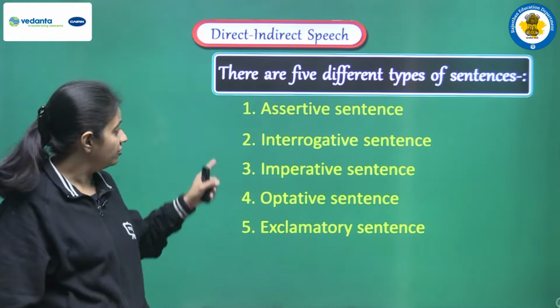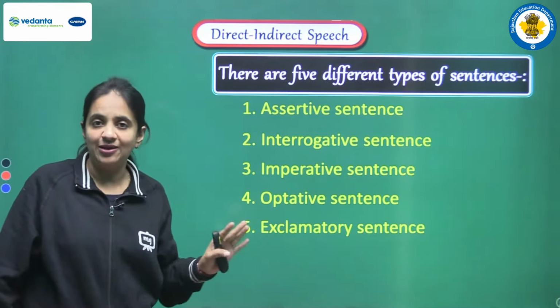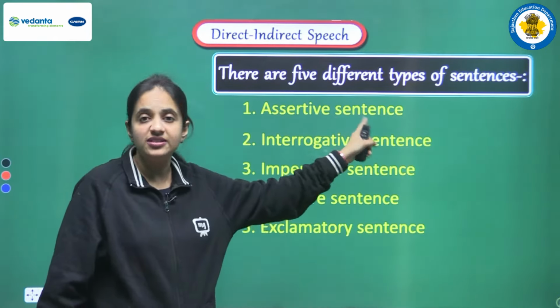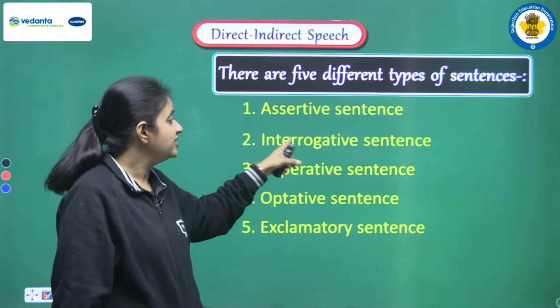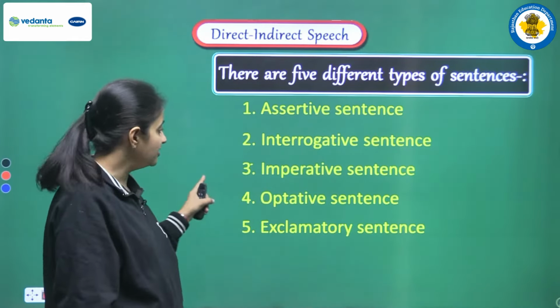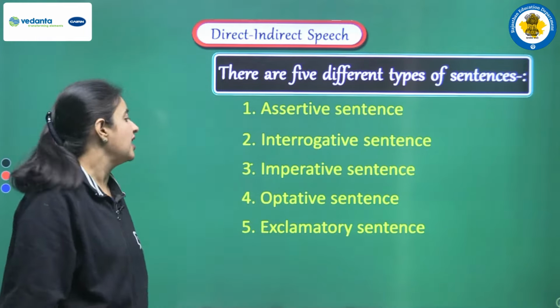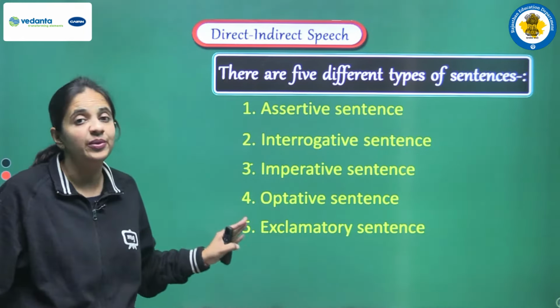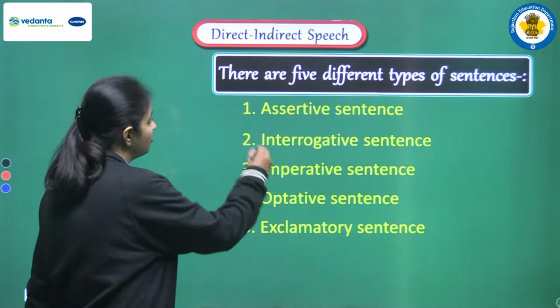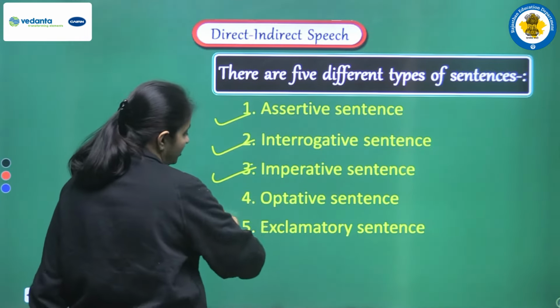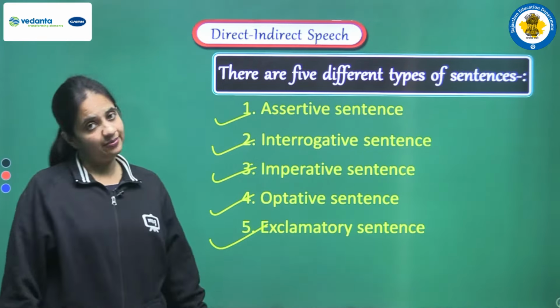So first of all let's read what 5 types of sentence we have here. The first one is assertive sentence, second is interrogative sentence, third is imperative sentence, fourth is optative sentence, and the fifth is exclamatory sentence. So these are the 5 types: assertive, interrogative, imperative, optative and exclamatory.